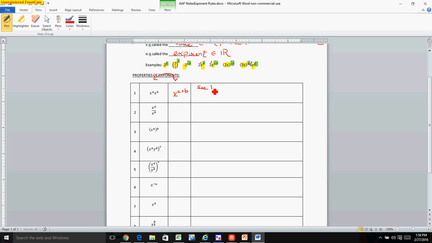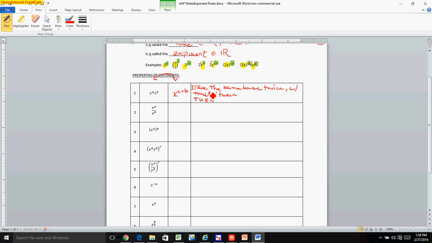If I see the same base twice, polite pause, with multiplication in between them, then, this is really an if-then statement.